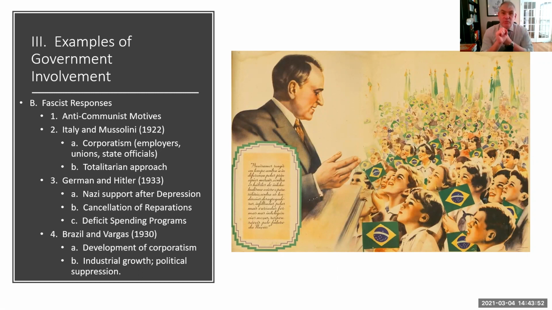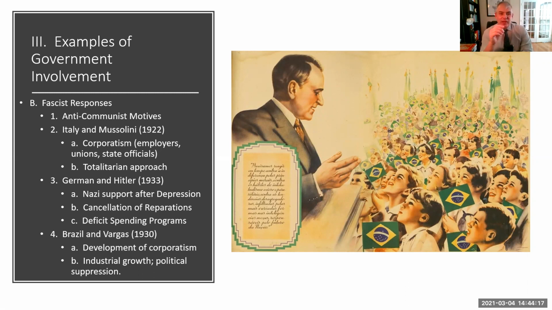It has the employers, it has the workers who are usually together in a labor union at this time, and it has the state officials, the people regulating the industry. So those three groups in corporatism, they have to work together in the interest of the nation. In other words, those three are going to need to agree.